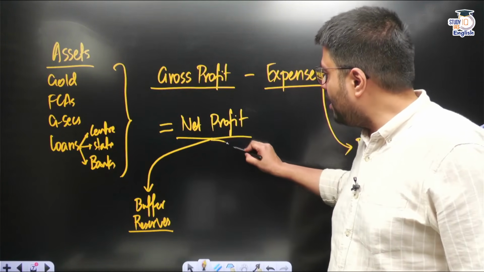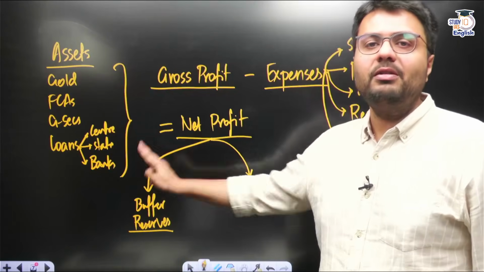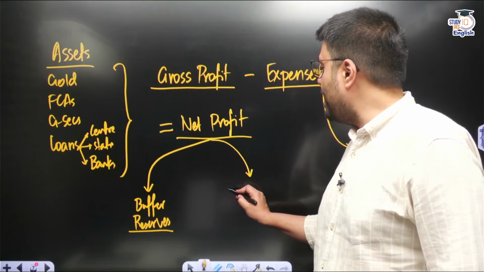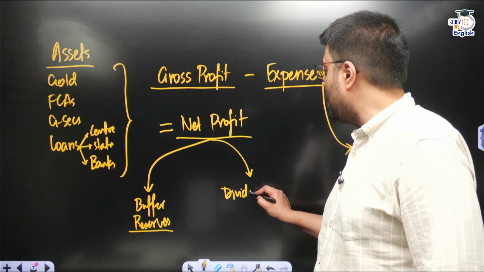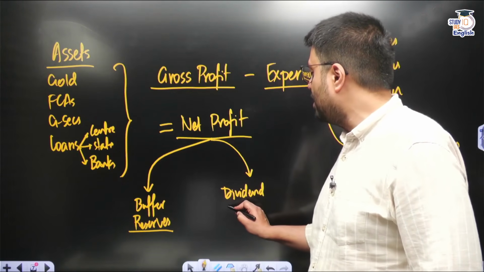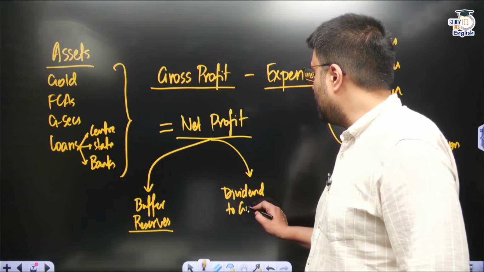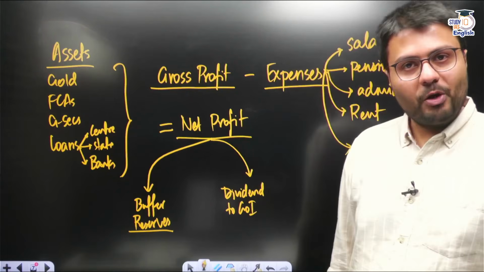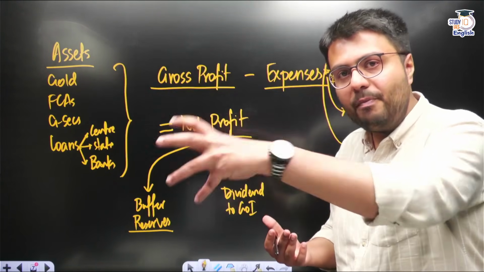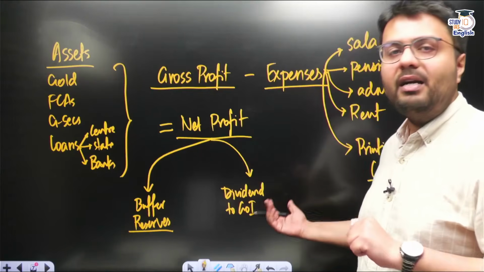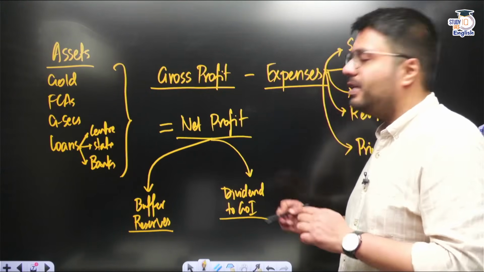And from the rest of the money, after meeting its reserve requirements, RBI transfers the rest of the money as a dividend or a surplus transfer to the government of India, right? So this is how the money is divided between RBI maintaining its own reserves and transferring the rest of it as a dividend to the government of India.